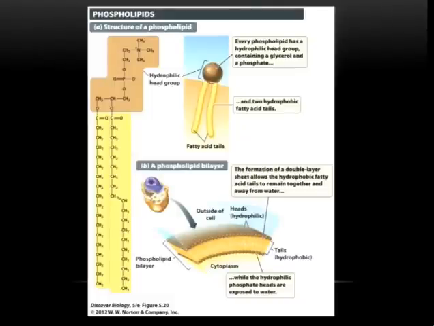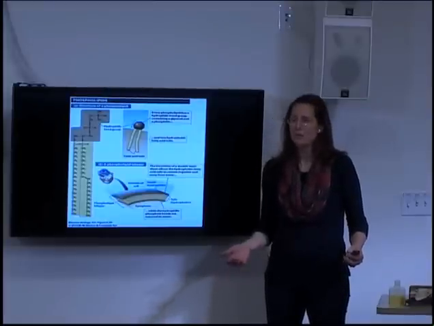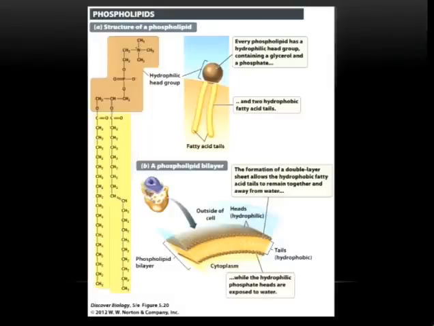When you put phospholipids in water, what happens is those tails naturally shy away from water, and they move towards one another. And so they make a lipid bilayer with the head sticking out in the water and the tails forming this hydrophobic domain. This is fantastic because it allows for the movement of some molecules in and others not.